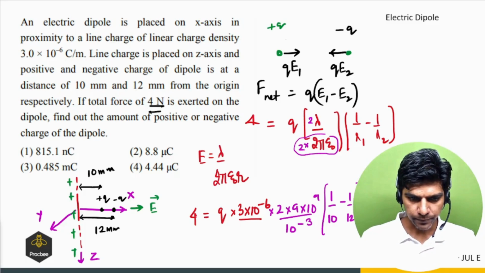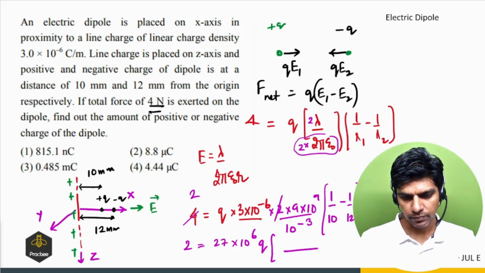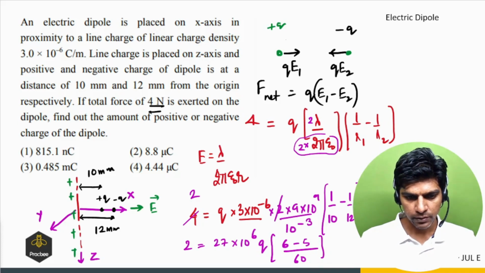So let us simplify. So this will give us 2, and so 2 is equal to 27 into 10 raised to power 6 times Q, and the LCM will be 60. So 6 minus 5, so this will be 20 and this will be 9.